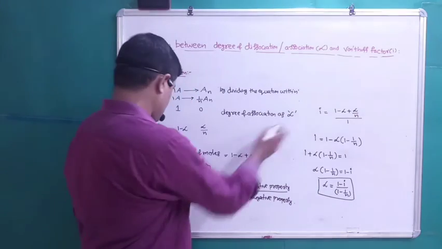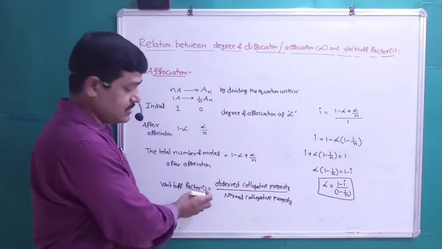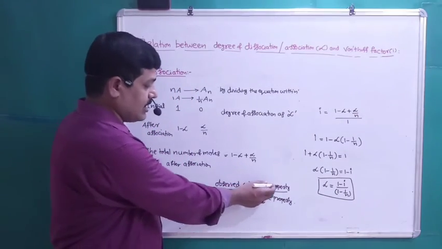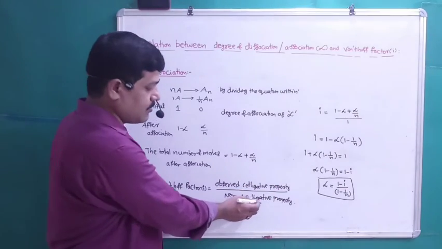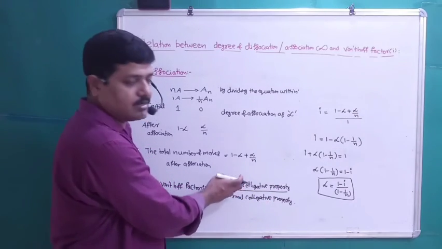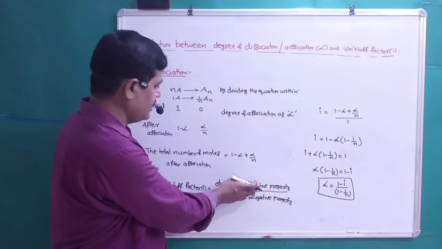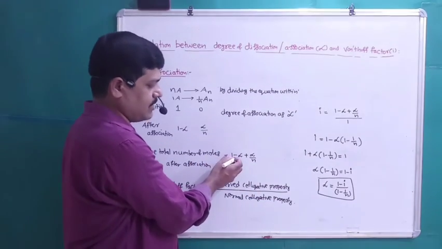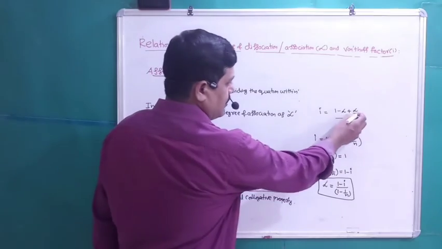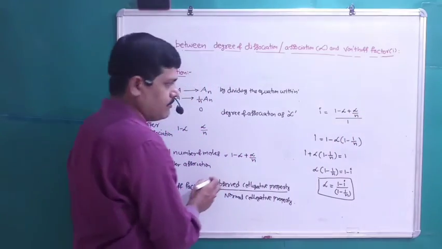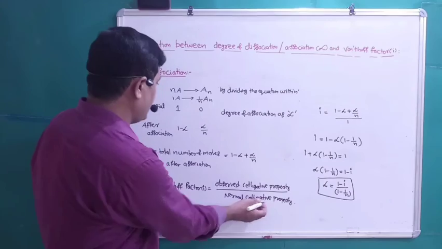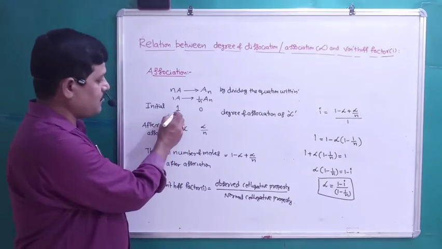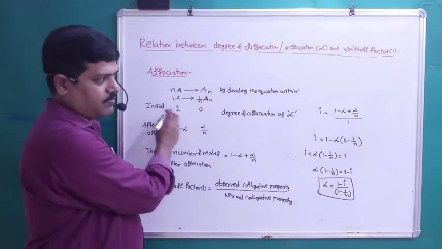Here the van't Hoff factor i is defined as observed colligative property divided by normal colligative property. Observed colligative property is the number of moles after association, 1 minus alpha plus alpha by n, divided by the normal colligative property, the number of moles before association, which is 1.